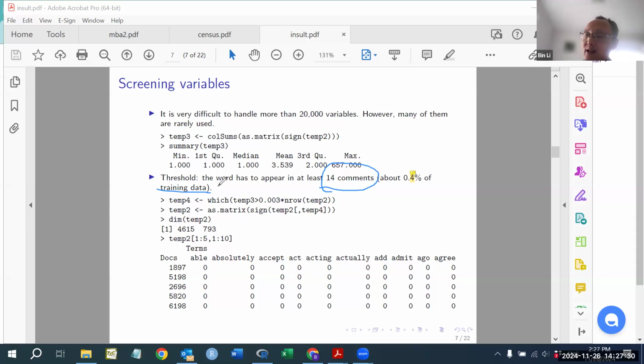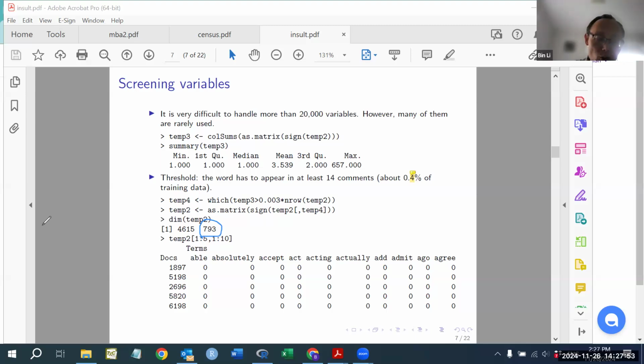Okay, so that's how we define a frequent word. Below that threshold, a rare word. So we just remove those rare words. Okay, so by doing that, we have about 800 words left. You can see the dimensionality shrinks.